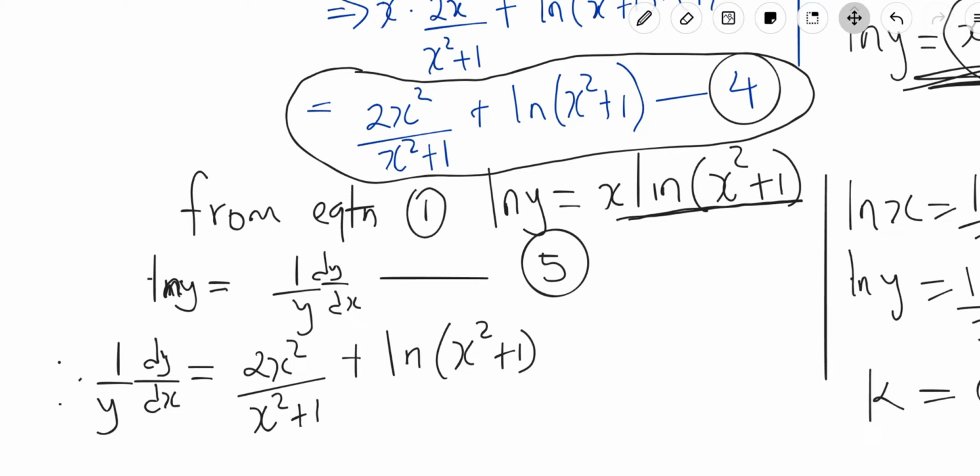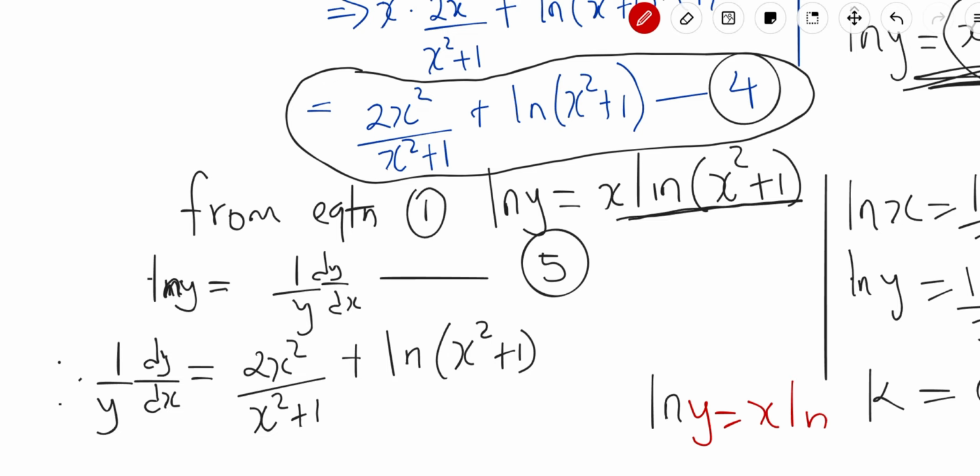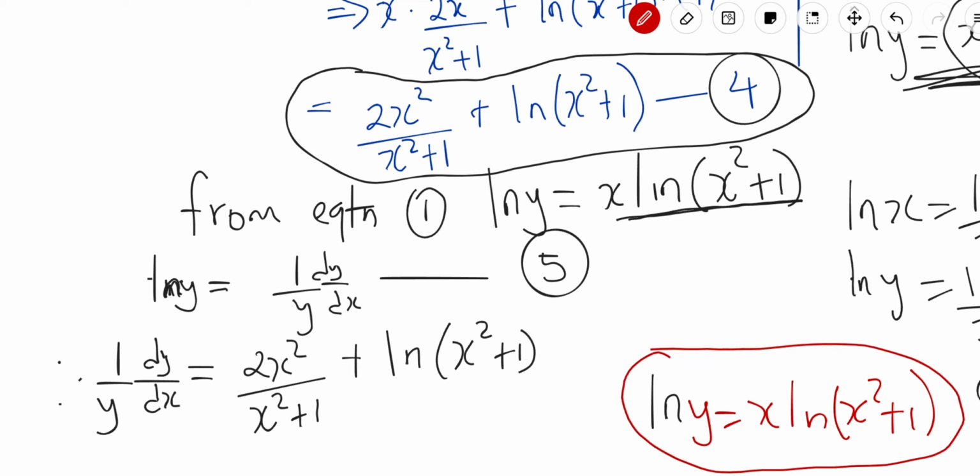Why am I equating the both of them? That's just what equation 1 is saying. Equation 1 is ln y equal to x ln(x² + 1). That is to say, I have to differentiate the whole of this.